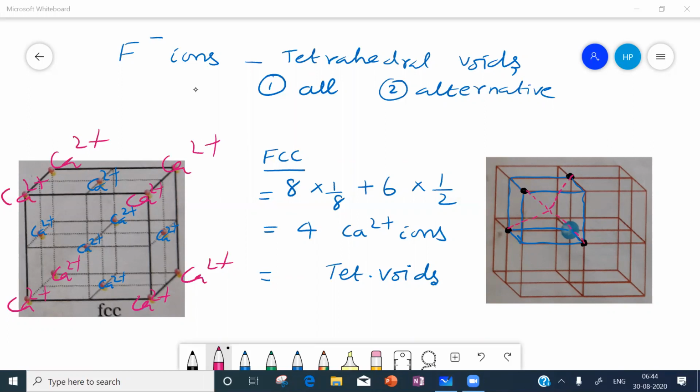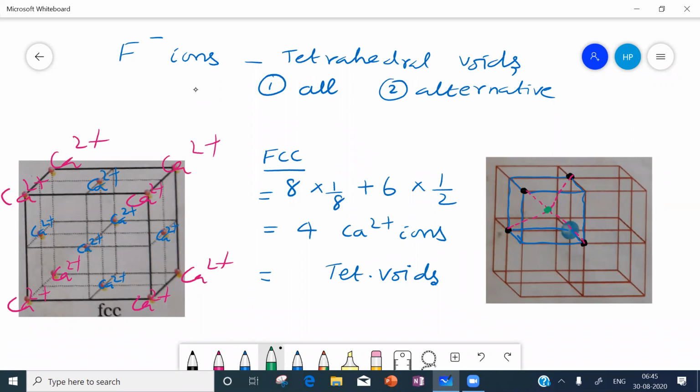Okay. Now, is it a tetrahedron or not? You think and say. Okay, it is a tetrahedron. Then this center point is called a tetrahedral void.